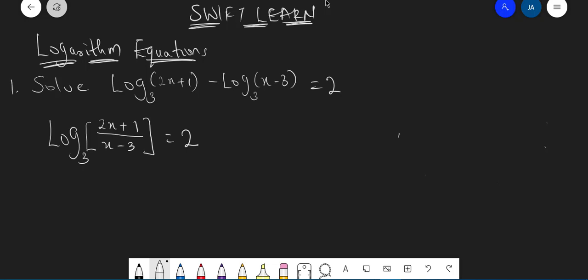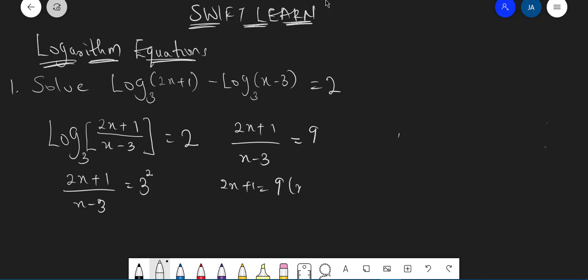Don't write raised by 3. That's why I use this explanation of carrying something. So you have (2x plus 1) over (x minus 3) equals 3 raised to the power of 2, which is 9. So 2x plus 1 will be 9 bracket x minus 3.